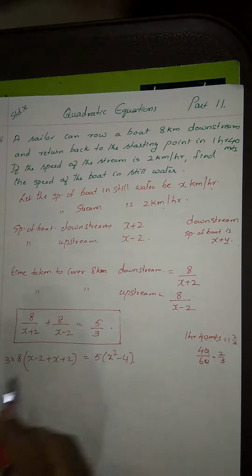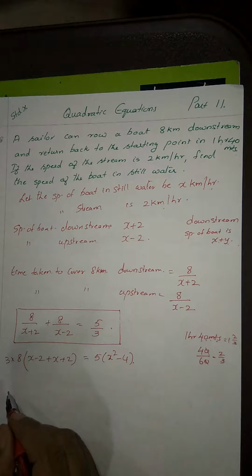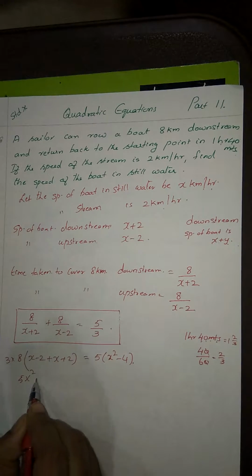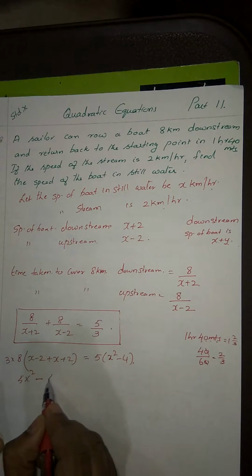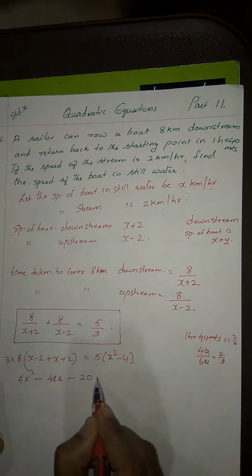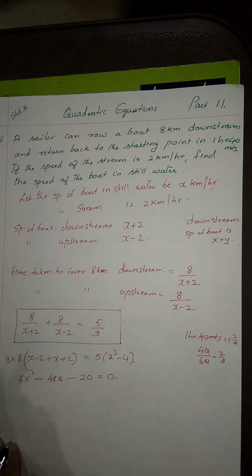Now simplifying, we get this as 5x squared minus 48x minus 20 is equal to 0.